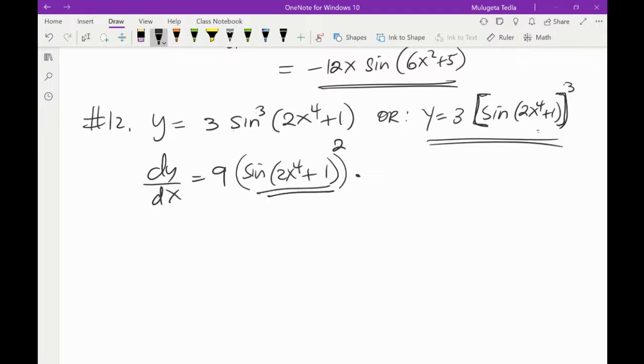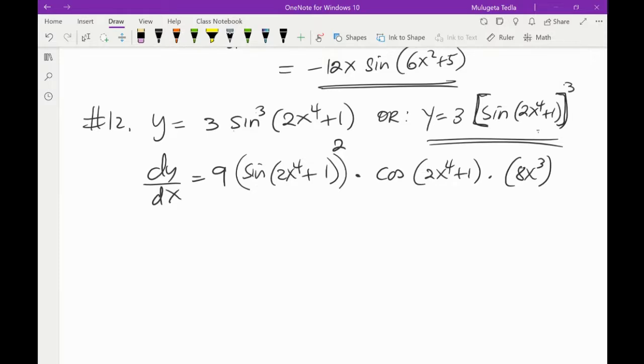The derivative of the inside is not 2x to the 4 plus 1. The inside function is the whole thing. So the derivative of sine is cosine of 2x to the 4 plus 1 times the derivative of this, which is 8x cubed.